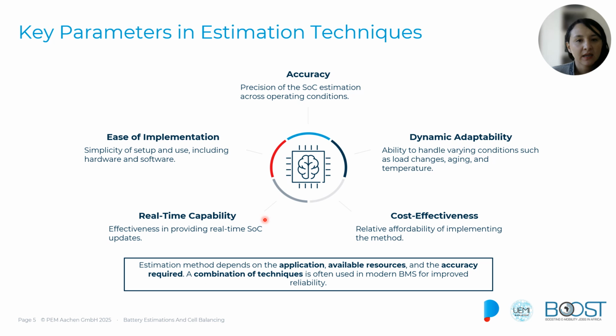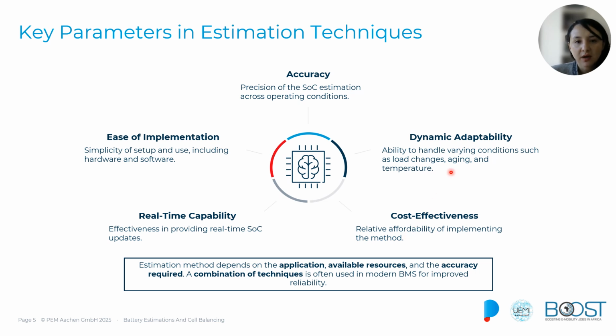In this case, techniques that have faster response times are going to be preferred in the systems that require immediate action, however those usually also require more complex algorithms, and they are not going to be as easy to implement.